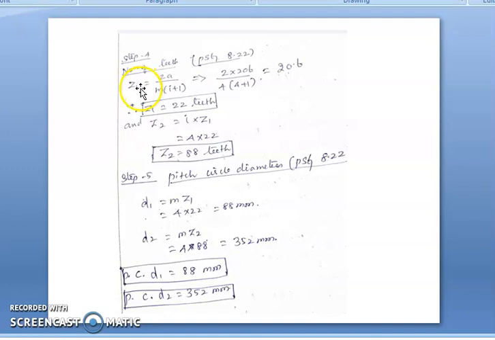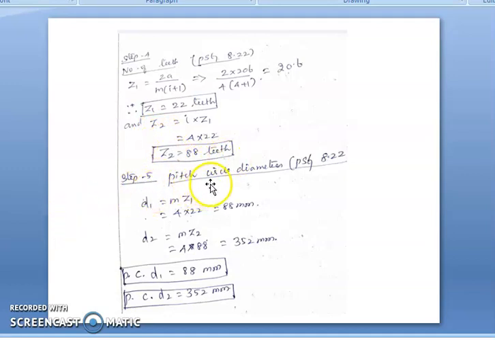Z1, the number of teeth on the pinion, is equal to 2a by m times (i plus 1). m is already standardized, and we use a as calculated. So 2 into 206 by 4 into (4 plus 1), we get 20.6. It is a fraction, so we go with the next available standard number of teeth, that is Z1 equal to 22 teeth. Then Z2, by using the speed ratio formula, is equal to 88 teeth.